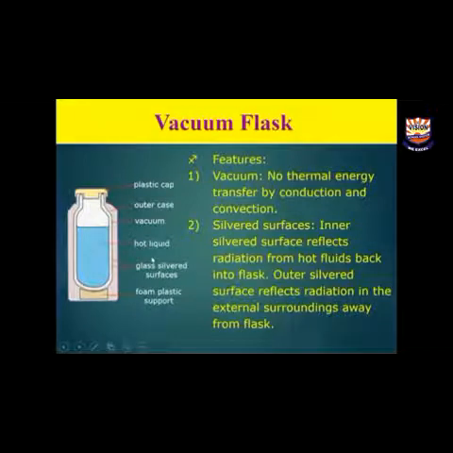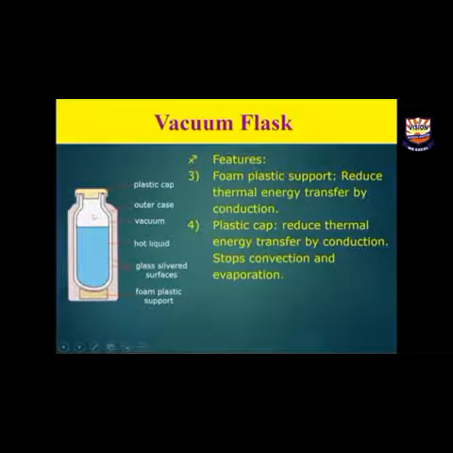The inner silver surface reflects radiation from hot fluids back into the flask. Therefore, this would also help to minimize radiation and its absorption. The plastic cap reduces thermal energy transfer by conduction, and stops convection and evaporation.